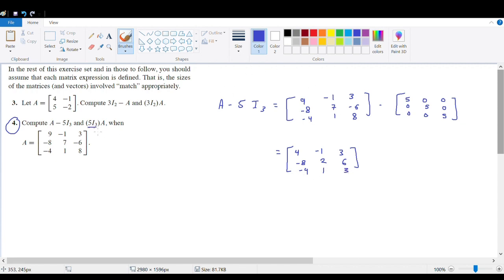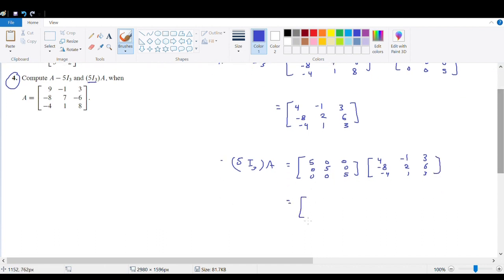Then we also need to find 5I3 multiplied by A. That will give us 5, 0, 0, 0, 5, 0, 0, 0, 5 multiplied by the matrix A, 4, minus 8, minus 4, minus 1, 2, 1, 3, 6, 3.